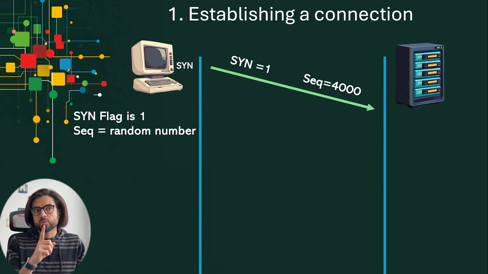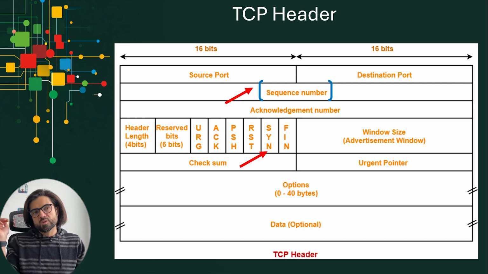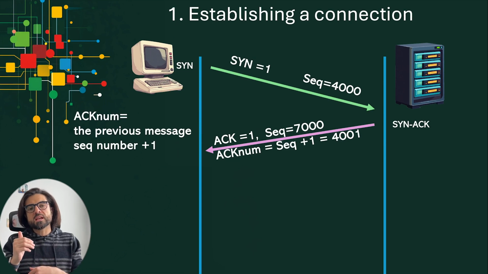You turn the SYN flag on, so you put 1 instead of null into the SYN flag, and it is a message in the network, so it needs a sequence number, which is a random number generated by the client, the one who initiates, who generates the packet. So we have the sequence number, we have the SYN, and then you send that message.